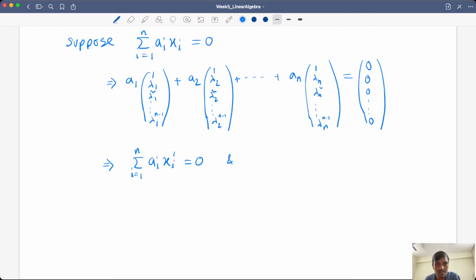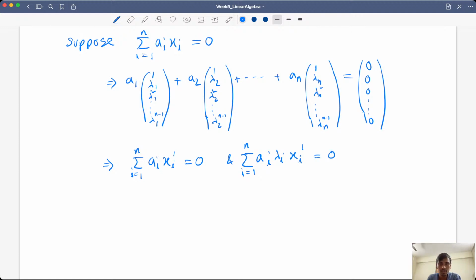I can take lambda 1 common, so that is a1 lambda 1 into 1, lambda 1, up to lambda 1 to the power n minus 2. Again that is the sum of ai lambda i xi prime, for i equal to 1 to n, equal to 0.